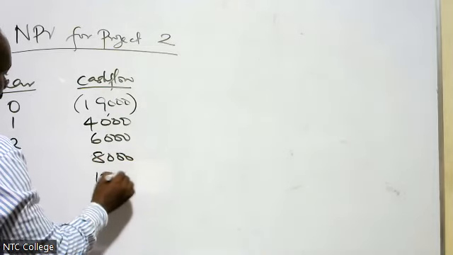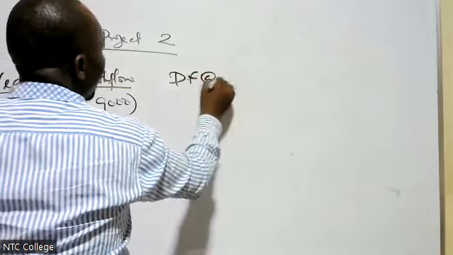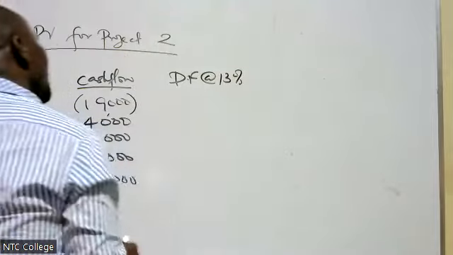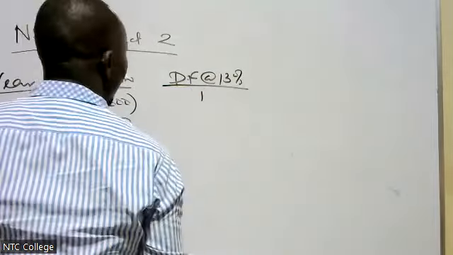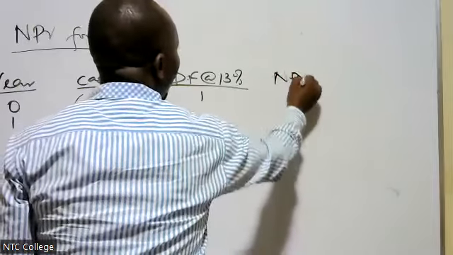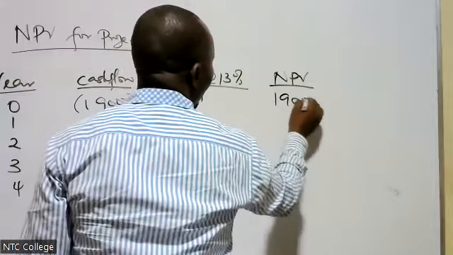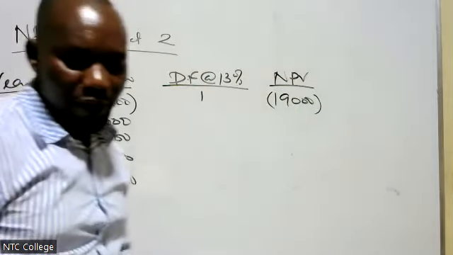We have 12. Our discounting factor now is at 13%. That is a risk adjusted rate that we are told to use. So get me the risk adjusted rate here, and then we get our NPV. Very simple. So this one I know is 19. Get me this one's 13% for the 4 years.